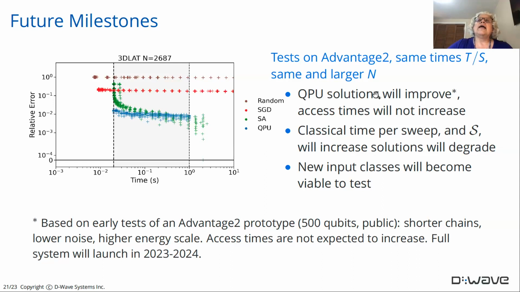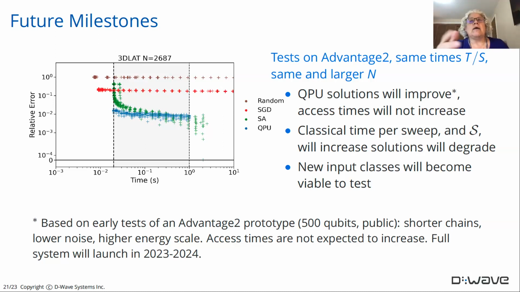So if we run these same tests on Advantage 2 using identical computation times and larger problems, then the QPU solutions are going to improve. The blue lines are going to move downward. And the classical times, we know, just because we're talking about larger problems, are going to have to degrade. They're going to start later. They're going to shift upwards because they just can't get as far in the solution space within these fixed runtimes.